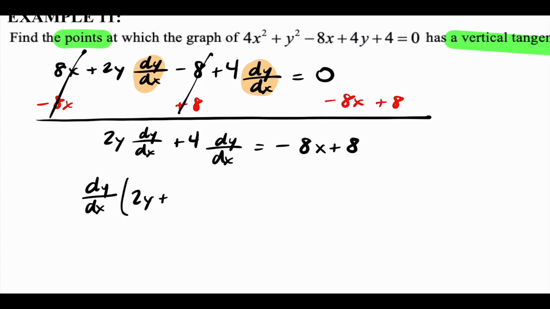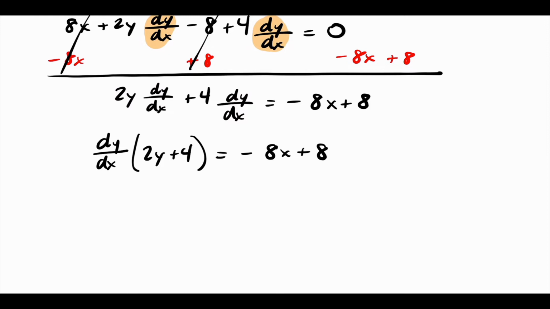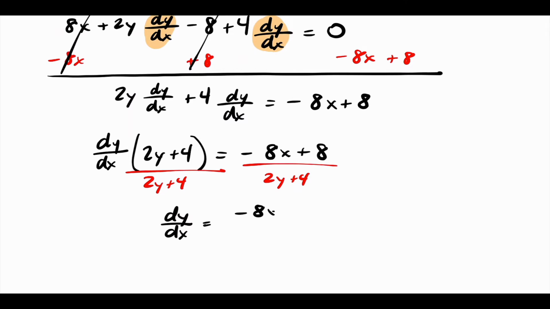We get 2y plus 4 equals negative 8x plus 8. So we get dy over dx equals negative 8x plus 8 over 2y plus 4.